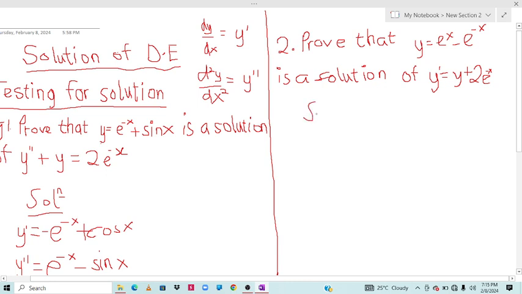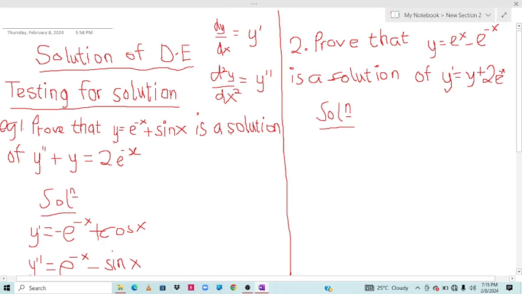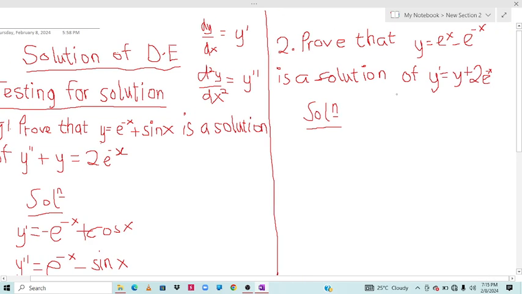It's a first order differential equation, so we are going to differentiate only once. With the previous example, it was a second order, so we differentiated twice. But with this example 2, it's a first order, so I'm going to differentiate only once.